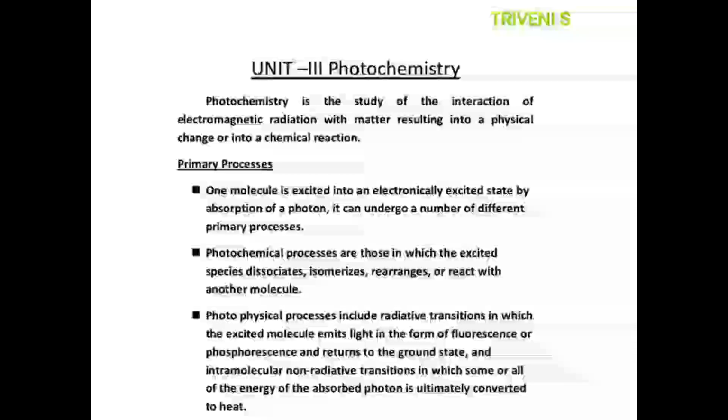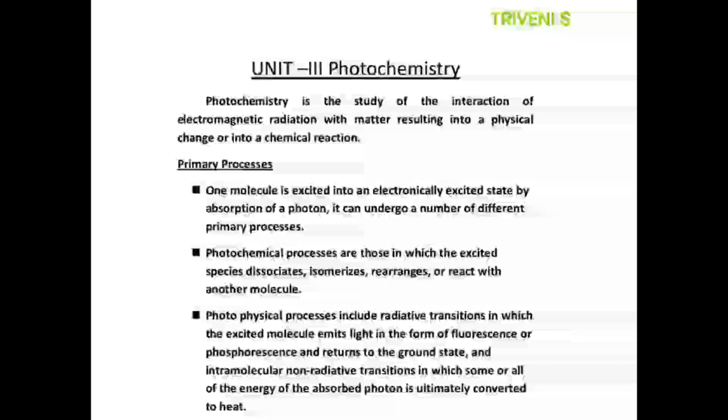These are the chemical process changes that take place between these two. And the photophysical process changes are the radiative transitions in which the excited molecule emits light in the form of fluorescence or phosphorescence and returns to the ground state, and the intramolecular non-radiative transition in which some or all of the energy of the absorbed photon is ultimately converted to heat.